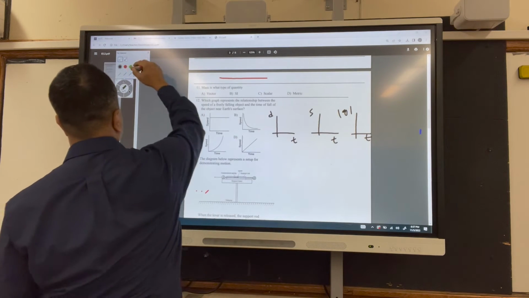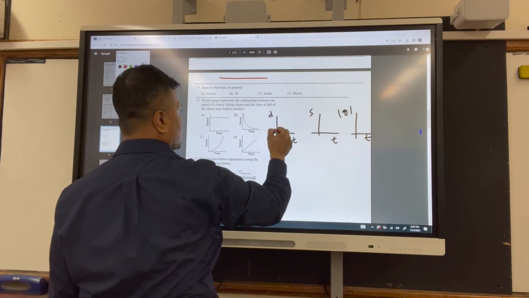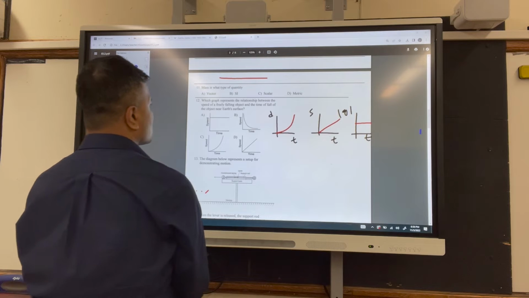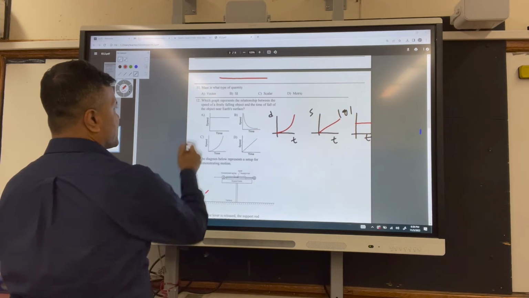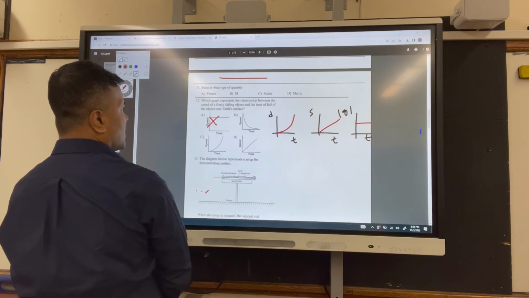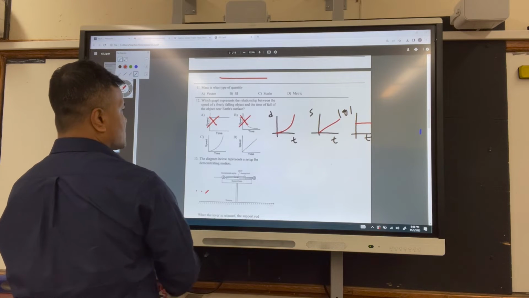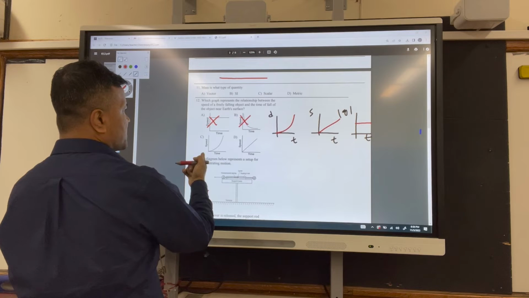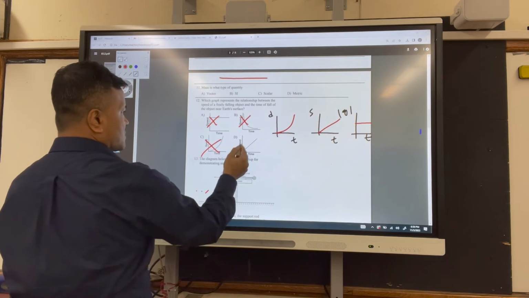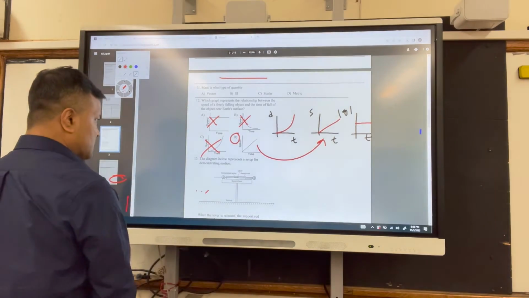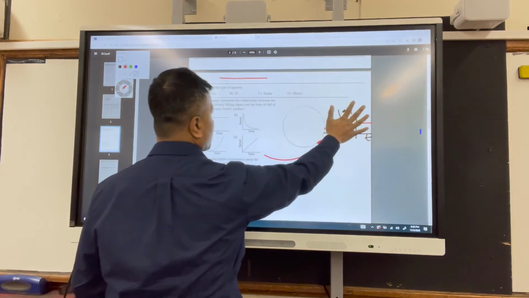The dt has to look like this, speed has to look like this, acceleration has to look like this. So A is wrong, B is wrong, C is wrong because its speed has to look like this. So D, because it has to look like this one. Good. That takes us to problem number 13.